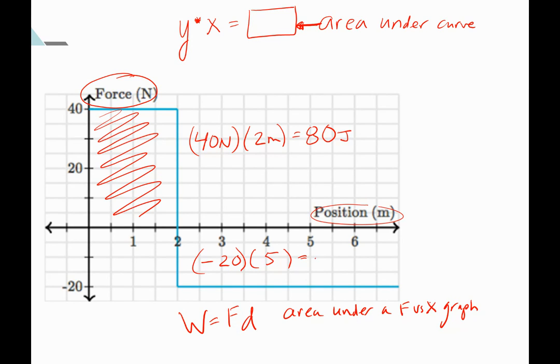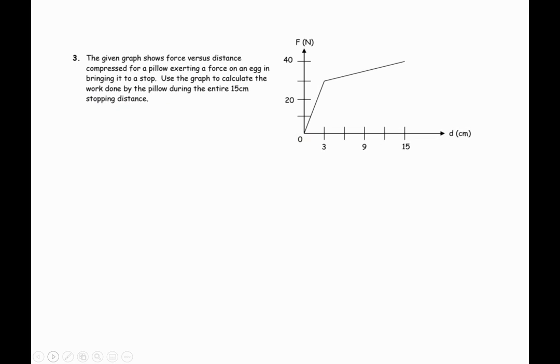That's going to give me negative 100 joules. So my net work is equal to 80 minus 100, so I end up getting negative 20 joules. And why would I use this? Well, notice my force is varying. If my force is varying, this is a perfect tool to use, and you will definitely see graphs on your AP Physics test.